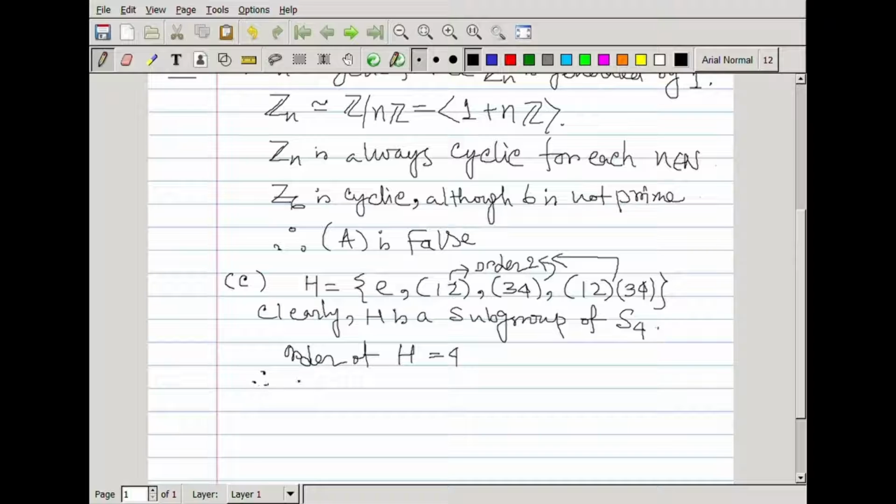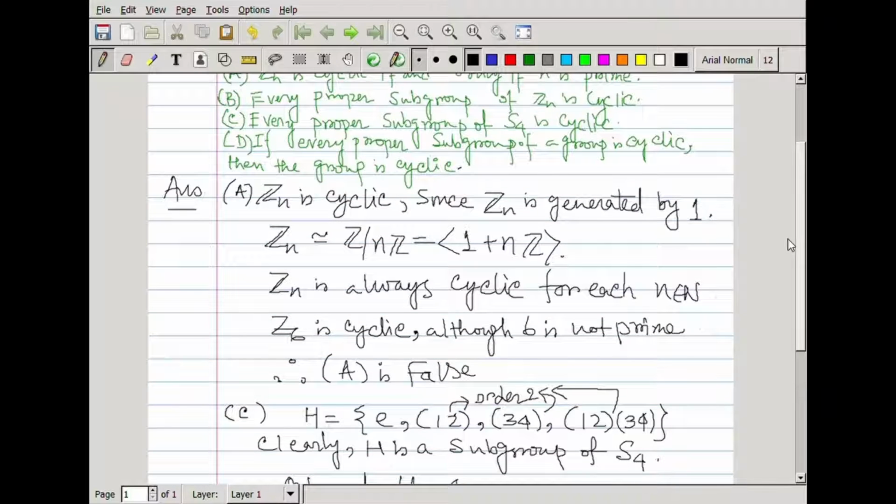Therefore, H contains no element of order 4. Therefore, H is not cyclic. Because if H was cyclic, then it must have contained an element of order 4, since order of H is 4.